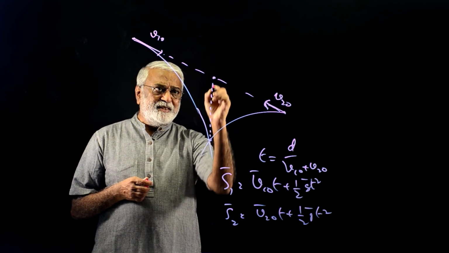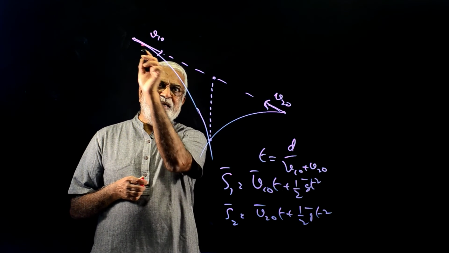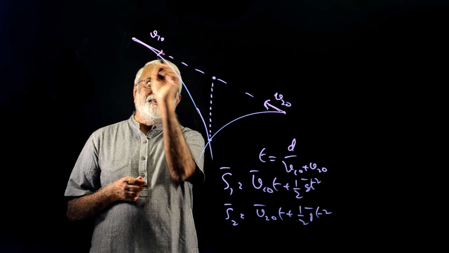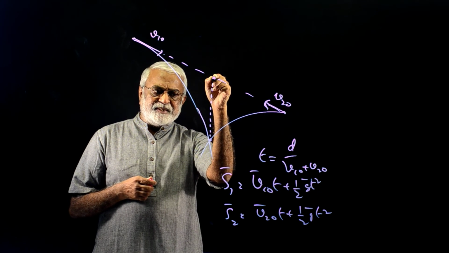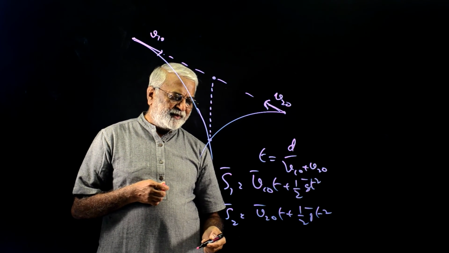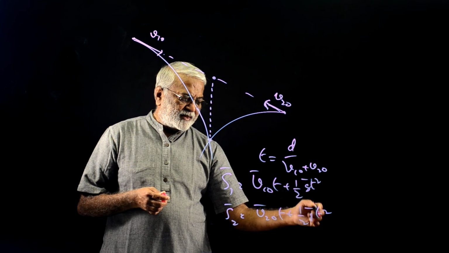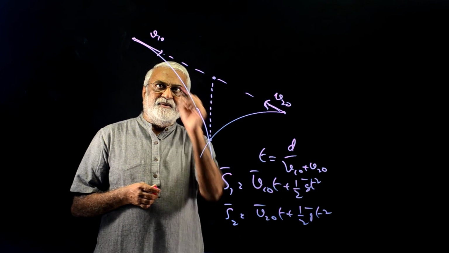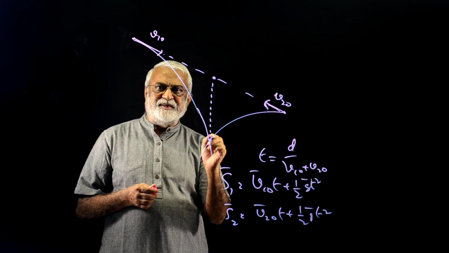This is V1 0 t, this is V2 0 t. V1 0 t will be parallel to V1 0 and V2 0 t will be parallel to V2 0. So this is where they would have met in the absence of gravity, and now they're meeting here. So get this time and see it this way. That is, half g bar t squared gets added to that V1 0 t. That vector V1 0 t is this, and this V2 0 t, and this is where they've met.